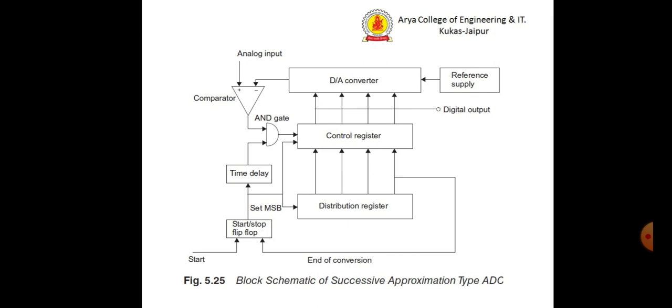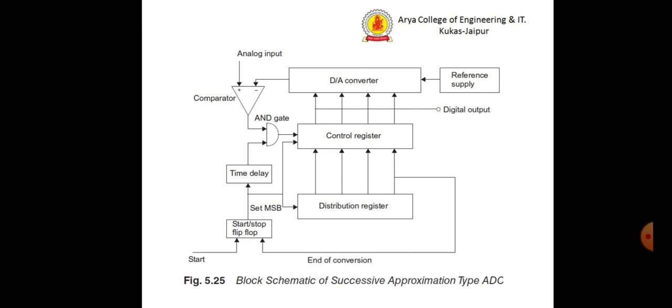Initially, bit 1 is in the MSB in the distribution register. For binary 1000, V reference by 2 is the output of the D to A converter. For binary 0100, reference supply is increased or decreased depending on comparator output.